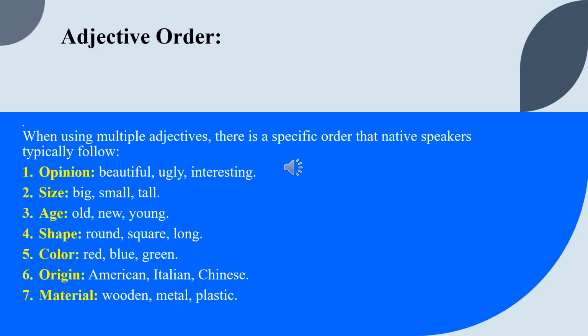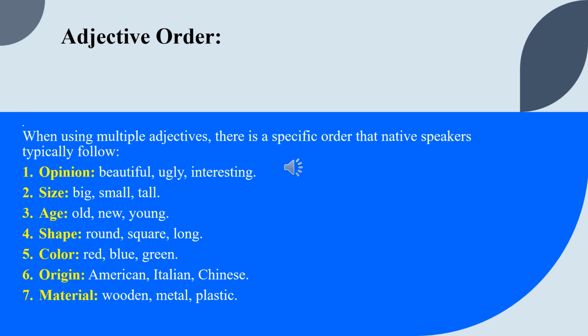So, we need to arrange these adjectives. When you have more than one adjective in a sentence, there is a certain order that we have to follow. This order is, firstly, you put the opinion, your opinion about the thing, whether it is beautiful, ugly, interesting.